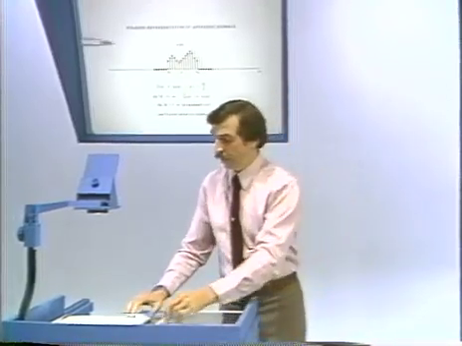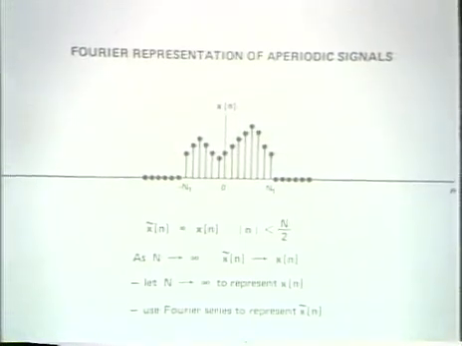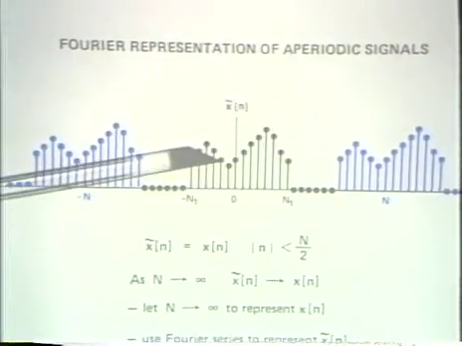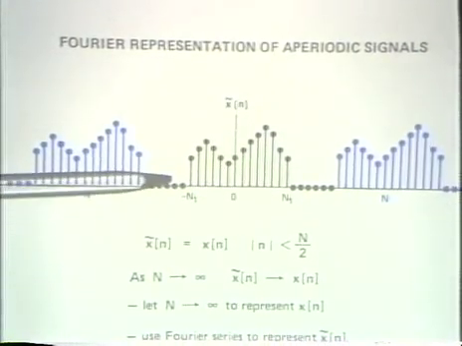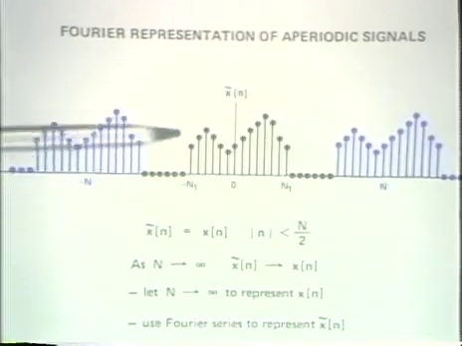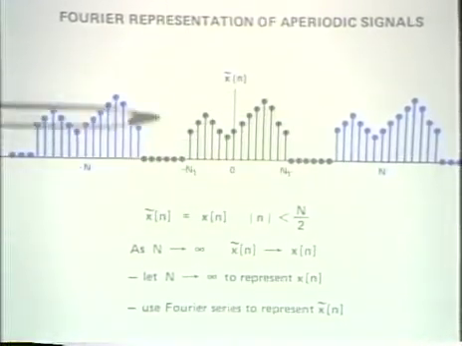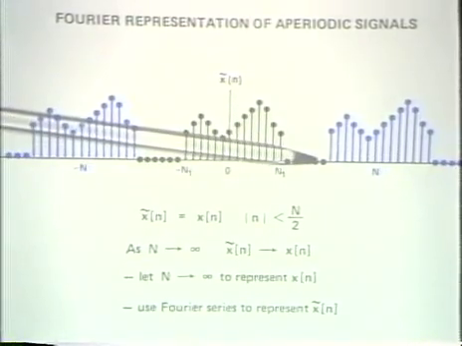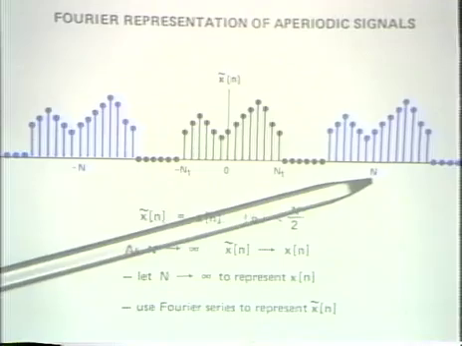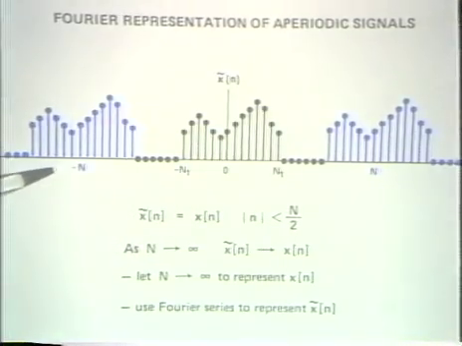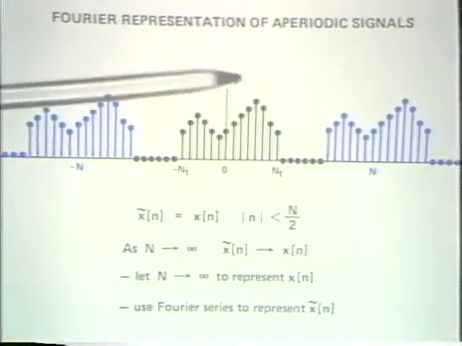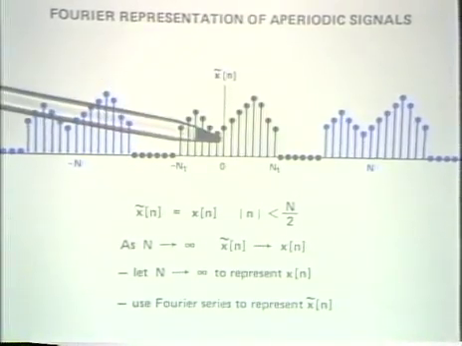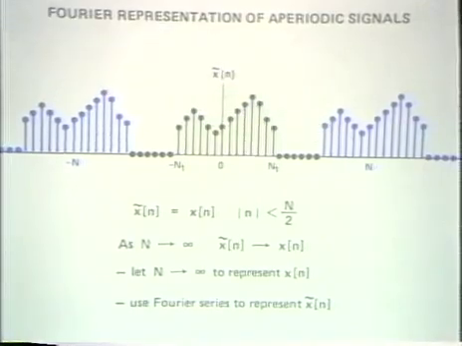Here we have the aperiodic signal. We construct a periodic signal by periodically replicating the aperiodic signal. The periodic signal and the aperiodic signal are identical for one period, and as the period goes off to infinity, it's the Fourier series representation of the periodic signal that provides a representation of the aperiodic signal.